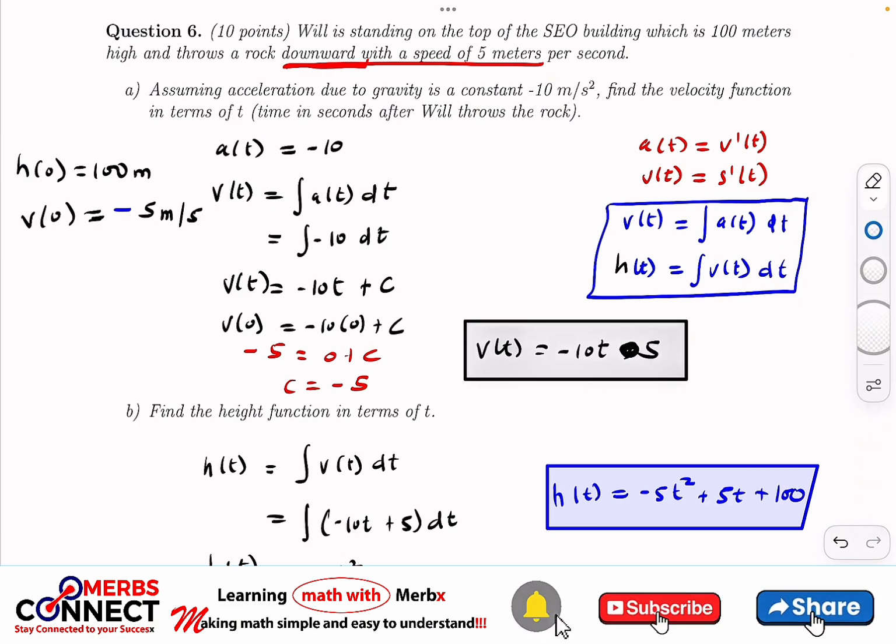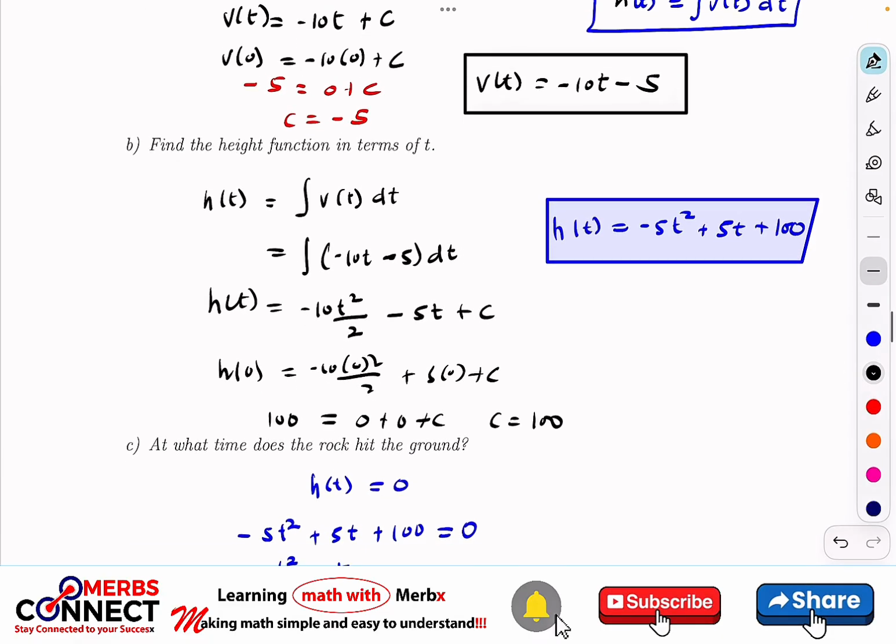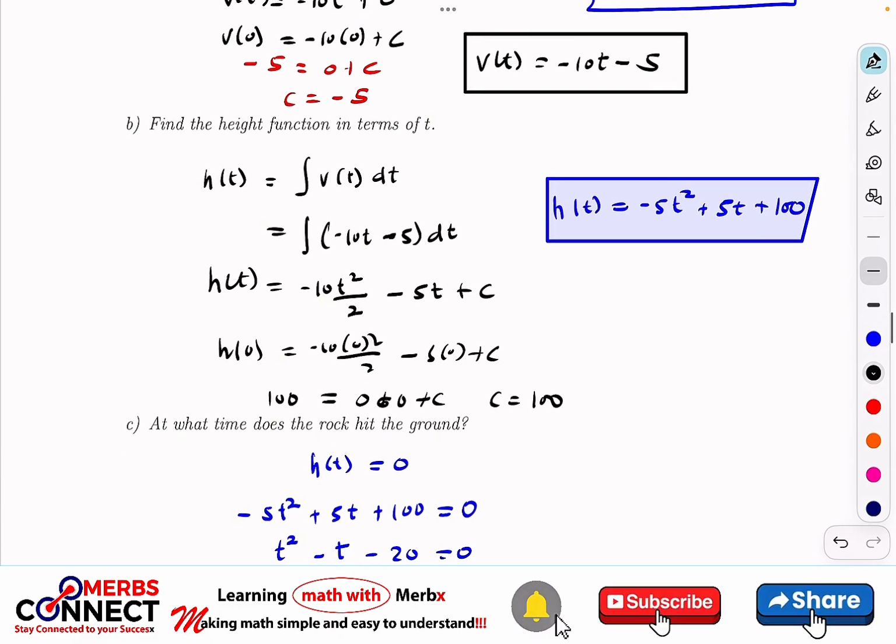What is my eraser? So I'm going to have minus here. So it's the same thing. I need to change this one to be minus, change this one to be minus, and change this one to be minus. This one is still minus 0, it's fine.